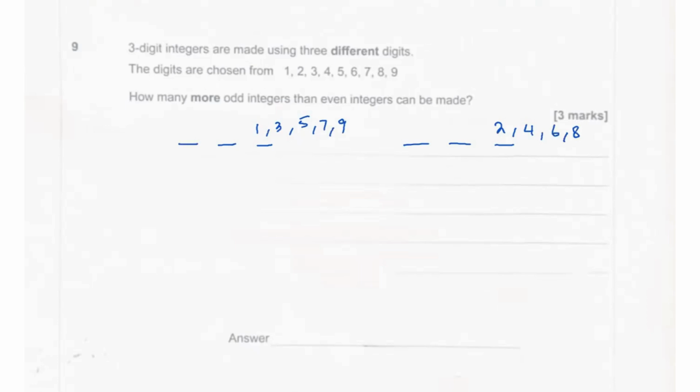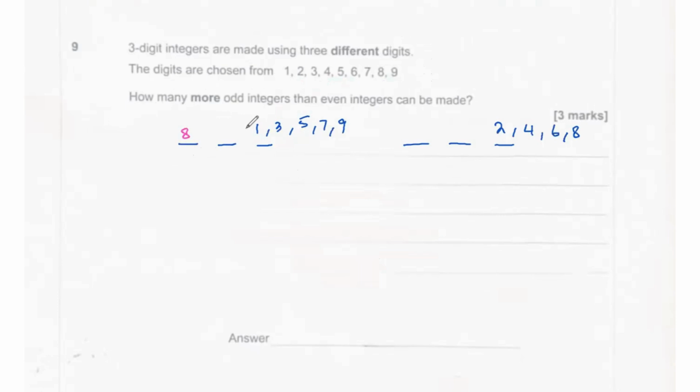So if we pick the first digit over here, we have 1, 2, 3, 4, 5, 6, 7, 8, 9. We have 9 digits. We already know that the last digit is going to be an odd number, so 1 digit is already out of our list. That means we're left with 8 digits, so we have the choice of picking from 8 digits for the first number.